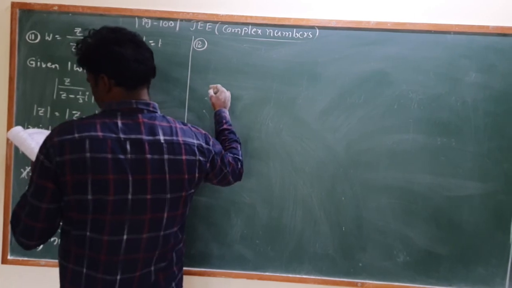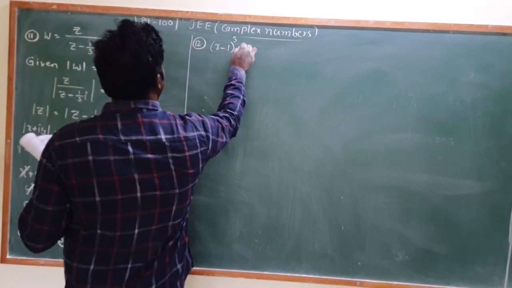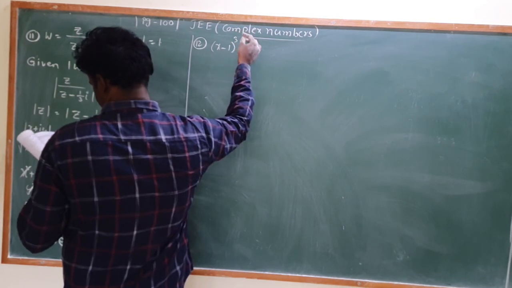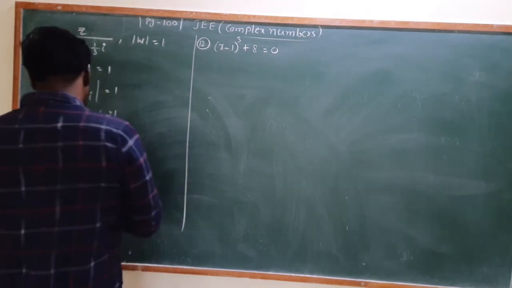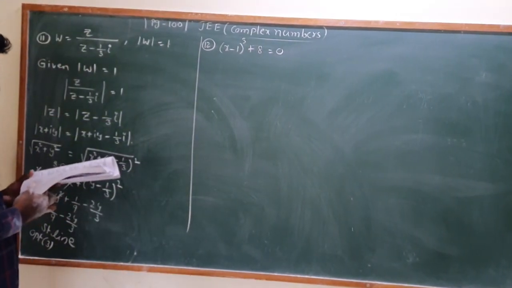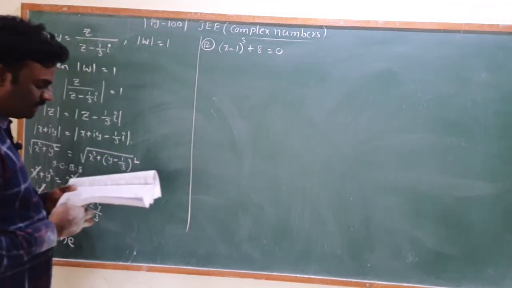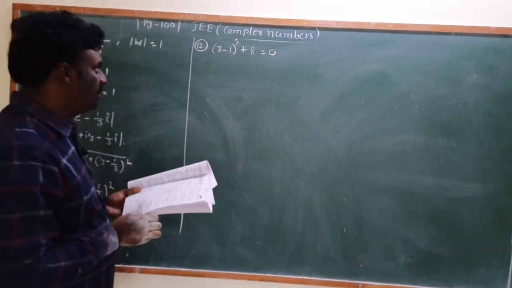The given equation is x minus 1 whole cube plus 8 is equal to 0. Then what are the cube roots of unity? We need to find. The cube roots of unity are nothing but 1, omega, omega square.